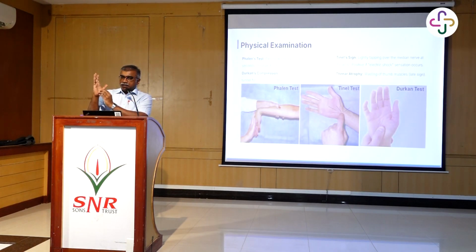The thenar muscle is the bulge that is seen in the thenar aspect of the palm. If you see a late case of carpal tunnel syndrome, it will be flat. So you can test that. There are motor tests for the median nerve. You can see the abductor pollicis brevis muscle, the adductors acting. So you can do the test for that and see if there is a motor dysfunction also. That is in the very late stage of carpal tunnel syndrome.